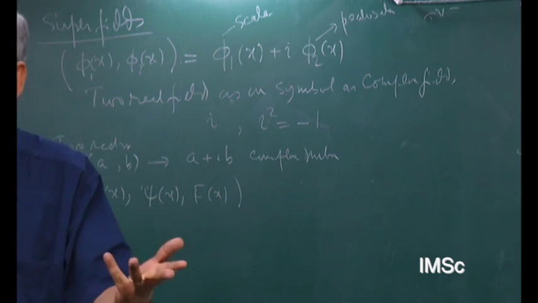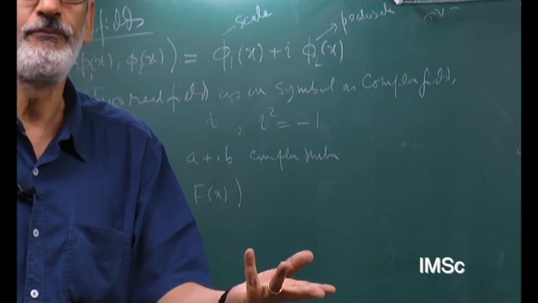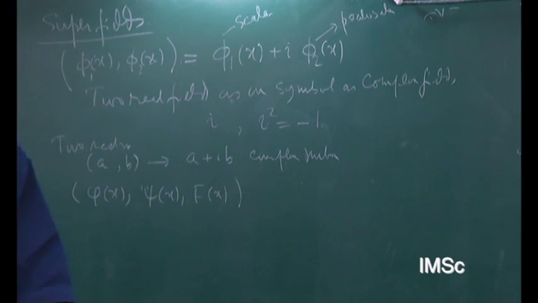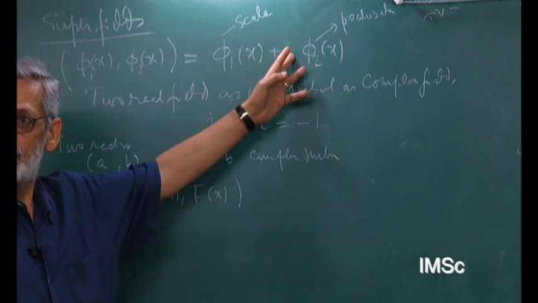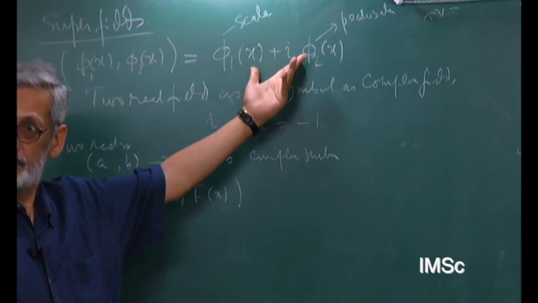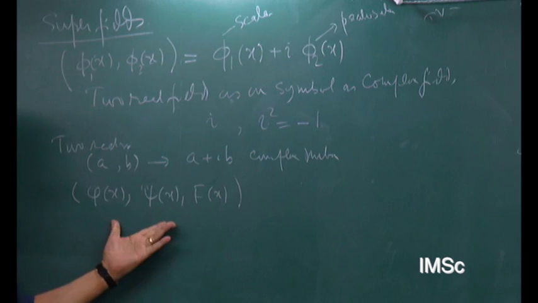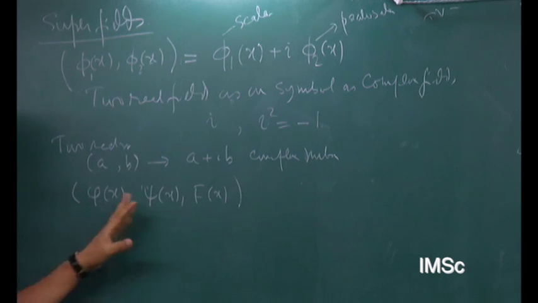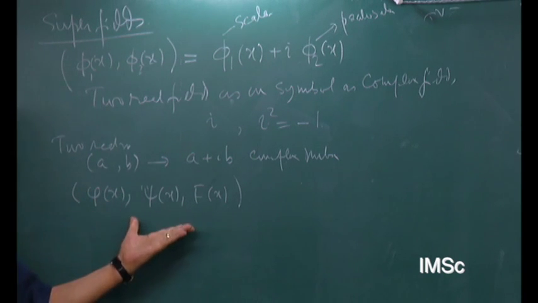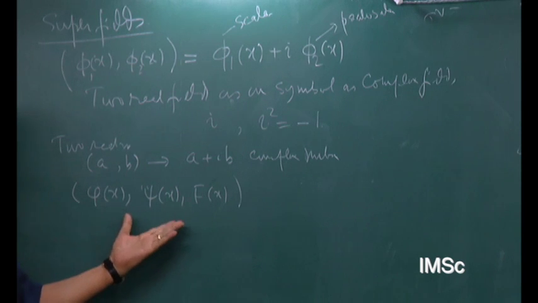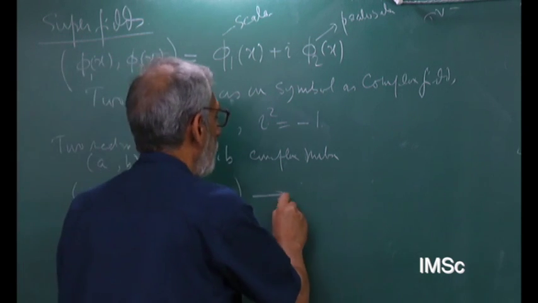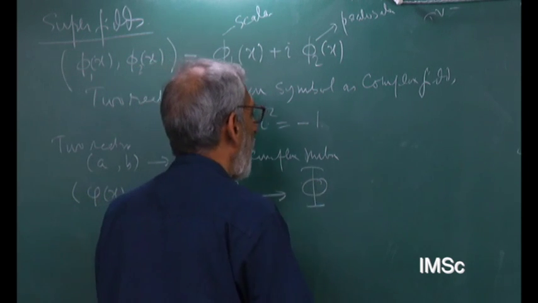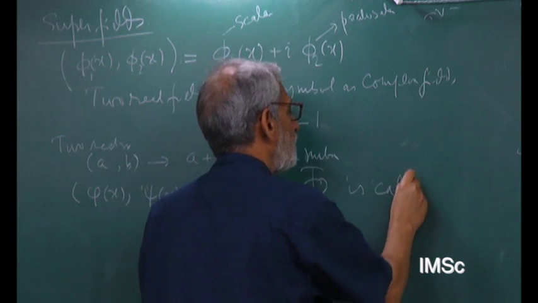Is there a collective symbol we can write for them? It's a generalization of what we have done for writing a scalar and a pseudoscalar with different parity properties. Here we have a set of fields, again with different properties, different in spin, a more complicated structure than this. Is there a collective name or symbol we can give them? That collective name, we will call capital Phi, is called a superfield.